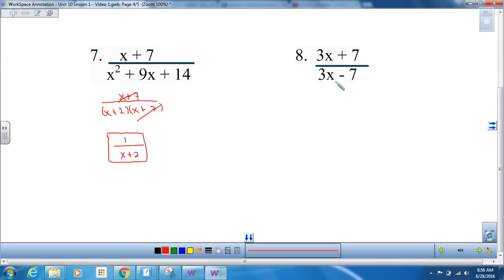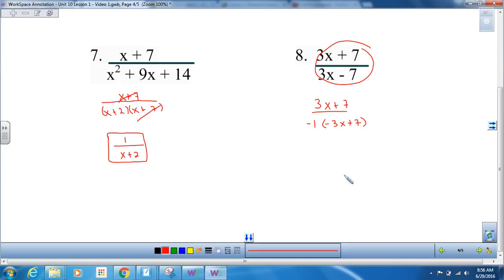So what you can try to do is take out a negative 1 from the denominator and see if that gives you the same. And it doesn't, so this one is done.